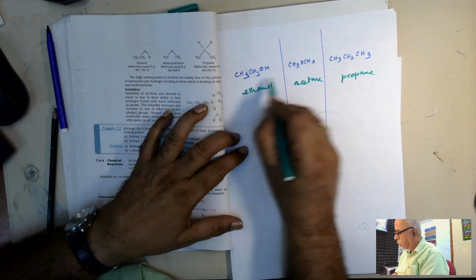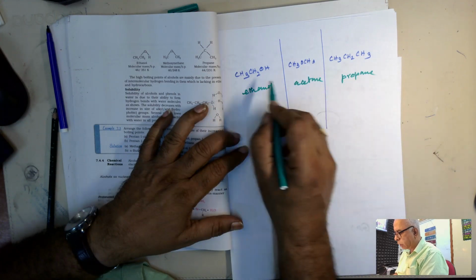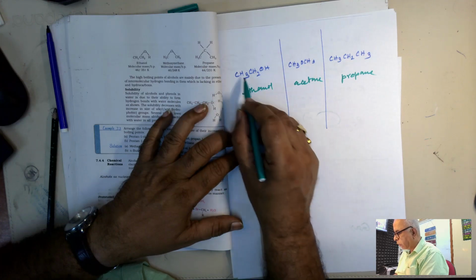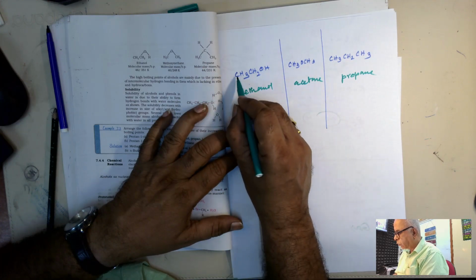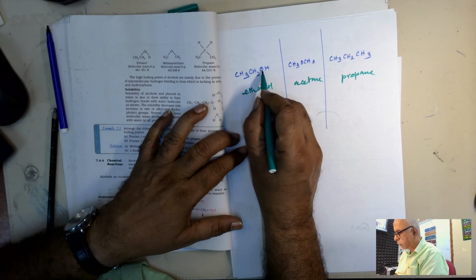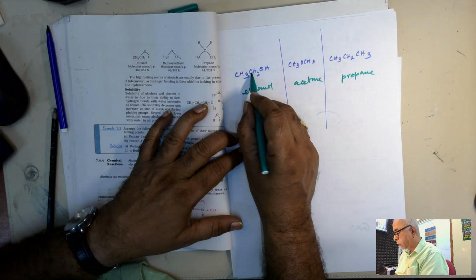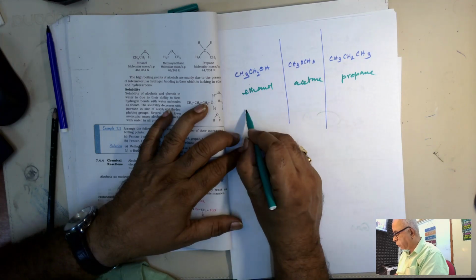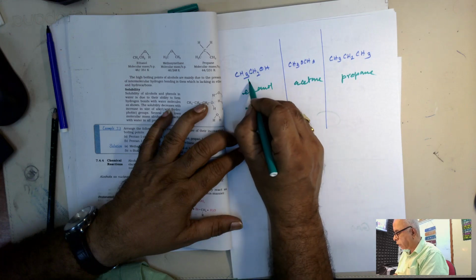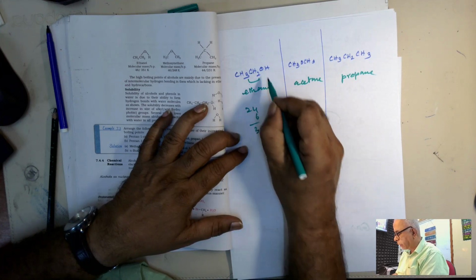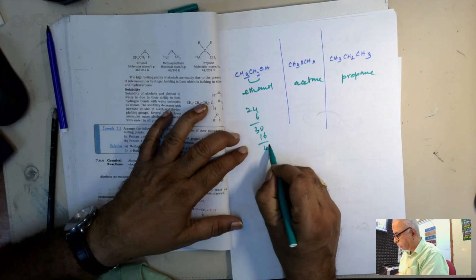In all these three cases, listen to me. Let us calculate the molar mass. For ethanol, 12 plus 12 is 24, plus 6, that is 30, plus 16, that is 46.